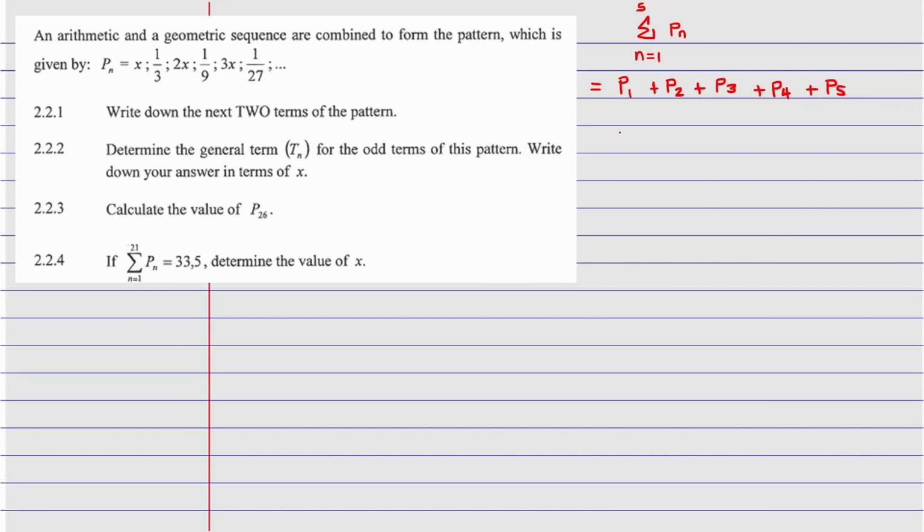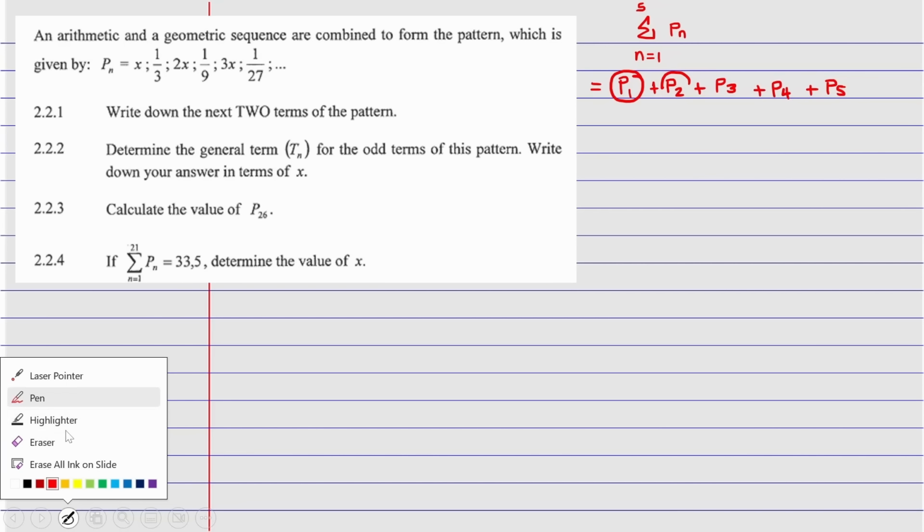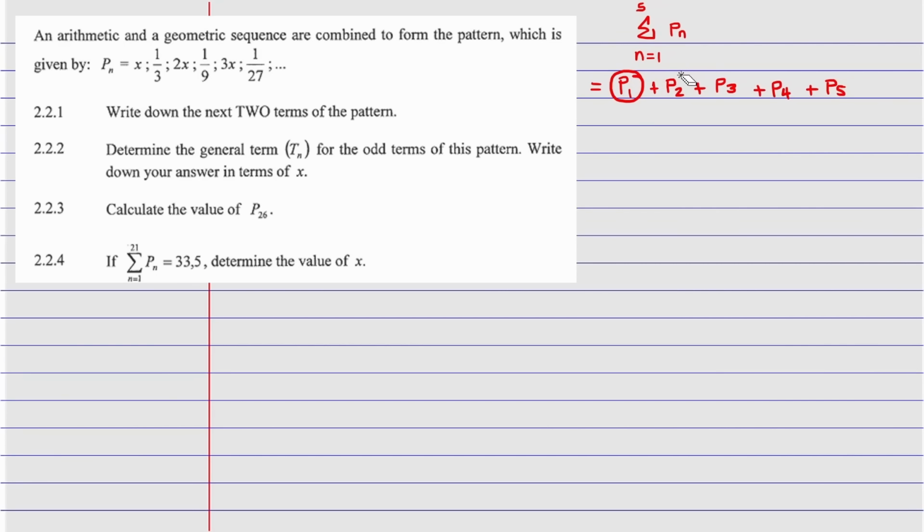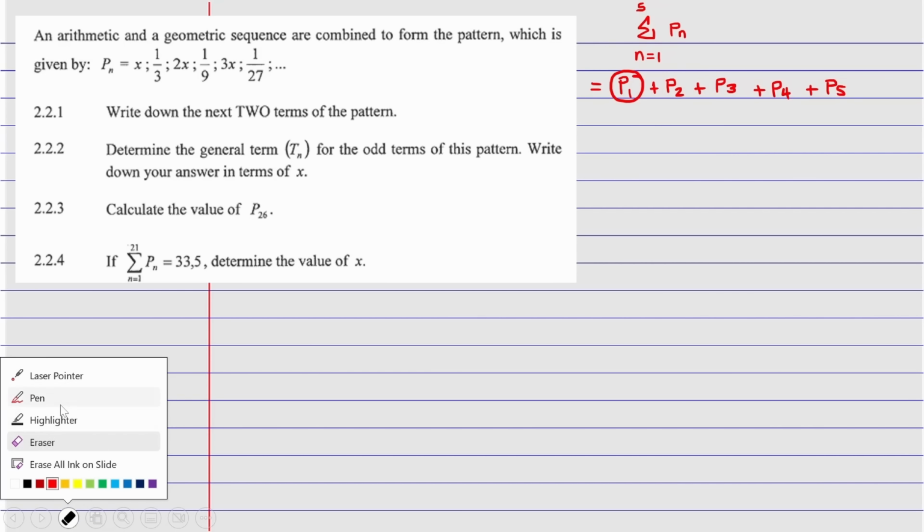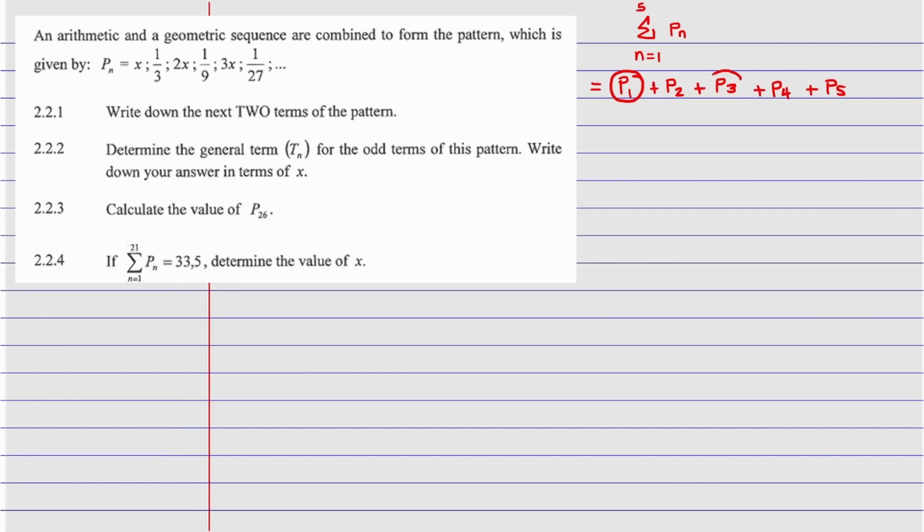We all know that the odd terms are arithmetic, and the even terms are geometric. Let me erase this. So all odd terms are going to be arithmetic, and the even terms are going to be geometric.